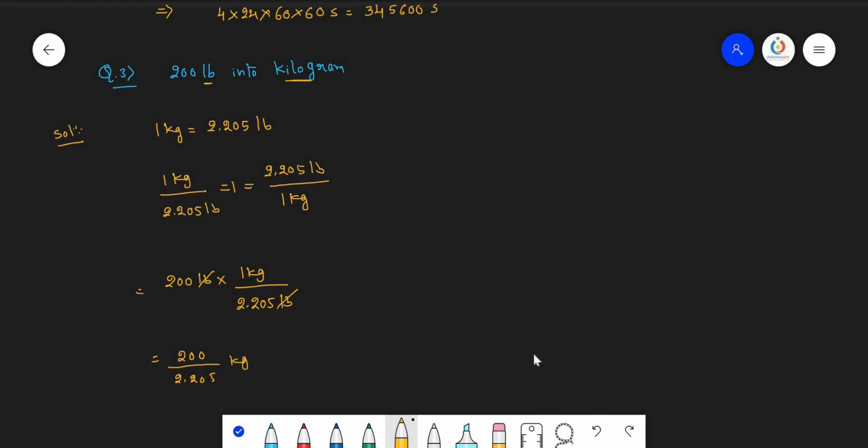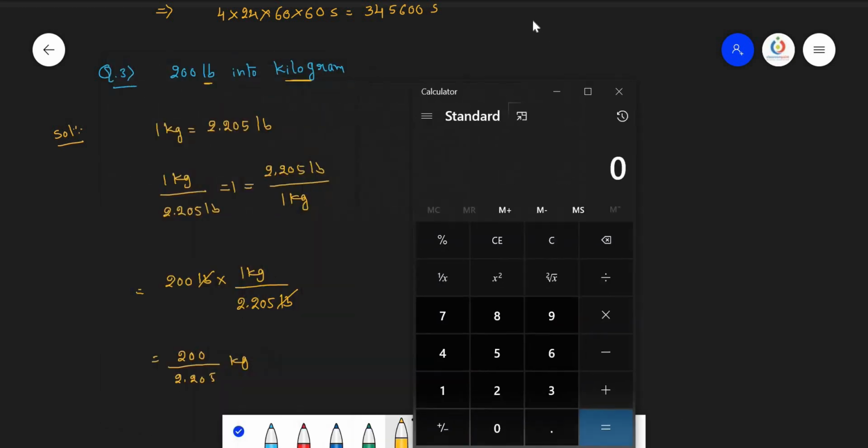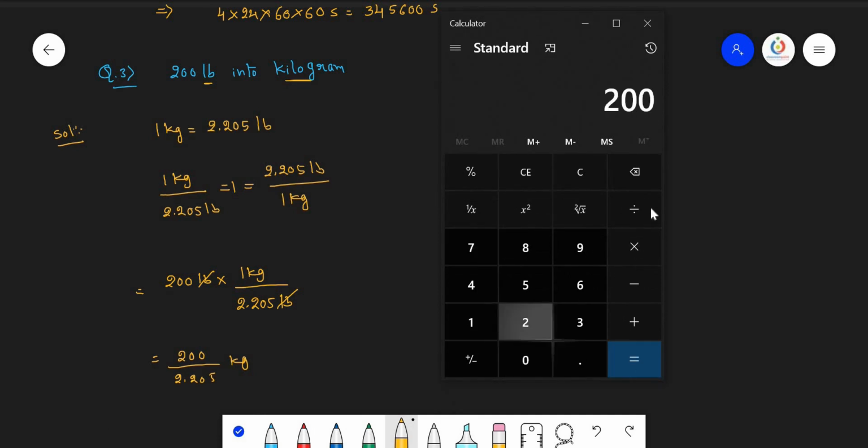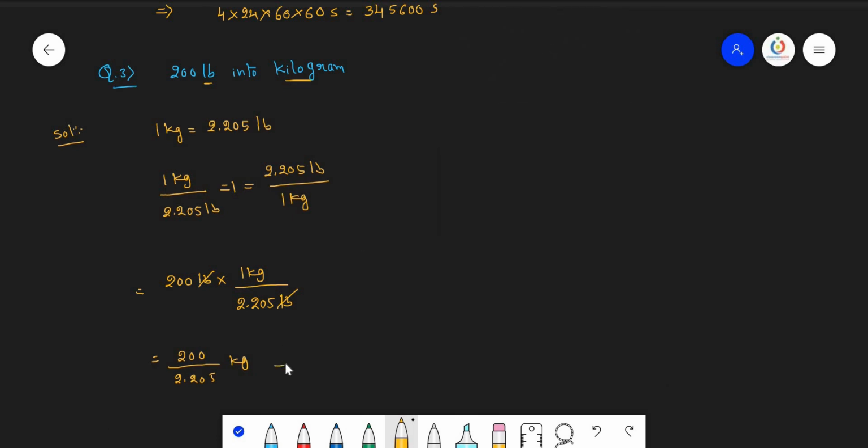Let us take the help of the calculator: 200 divided by 2.205 is 90.70 kg. This is equal to 90.7 kg. So, like this we can convert.